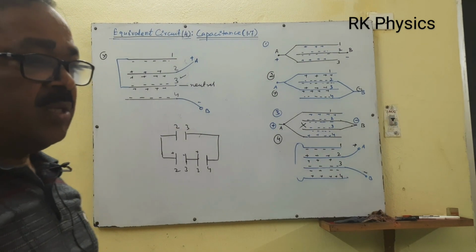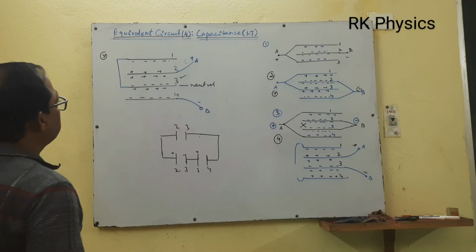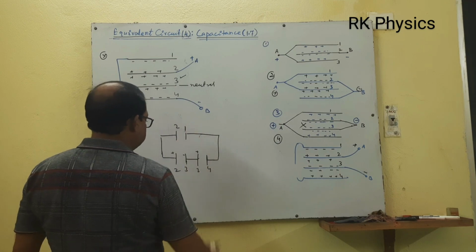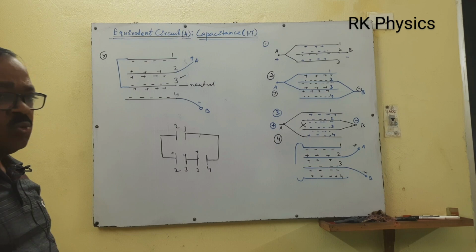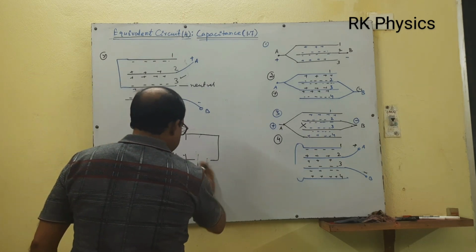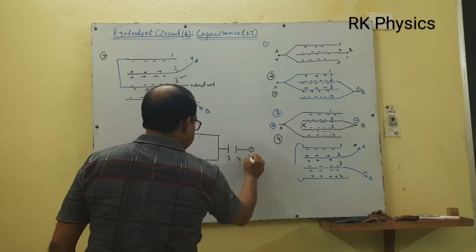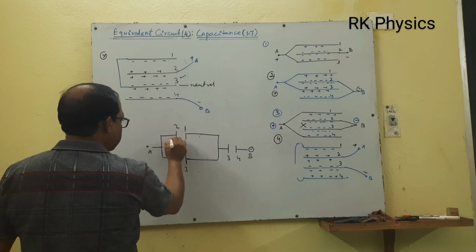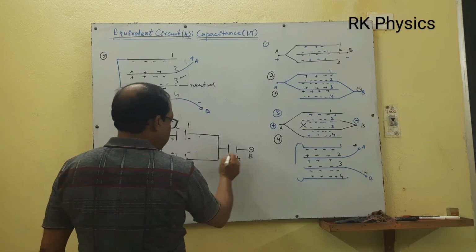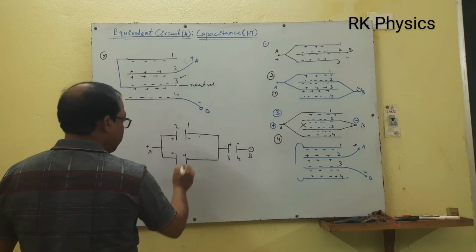So I think 2 and 1 plates, then 2, 3, then again 3 is here, this is 3 and this is 4, this is minus B. So this is A plus, this is plus, this is minus, this is plus, this is minus.